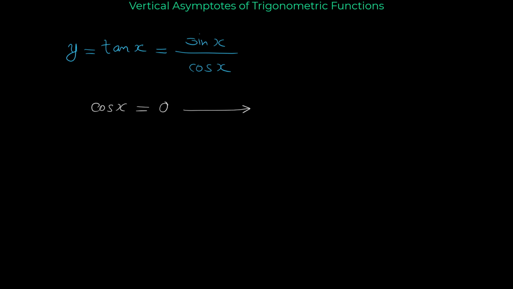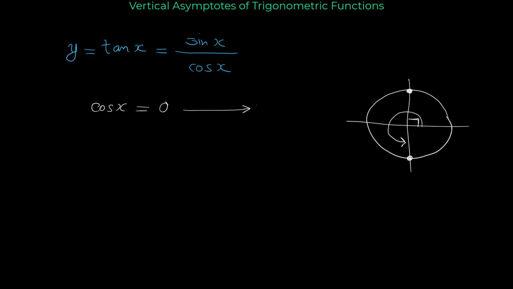You need this knowledge from trigonometry: when is cosine equal to 0? If you remember the unit circle, cosine is 0 here and here. What is this angle? Pi over 2. And what is the other angle? 3 pi over 2. So cosine x equals 0 at pi over 2 and 3 pi over 2.